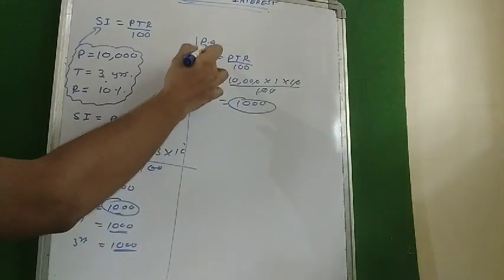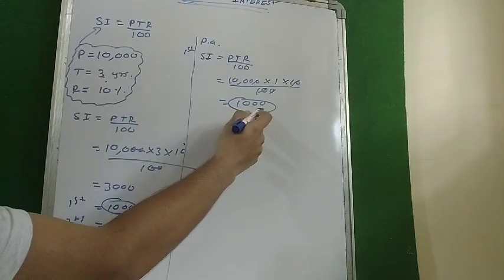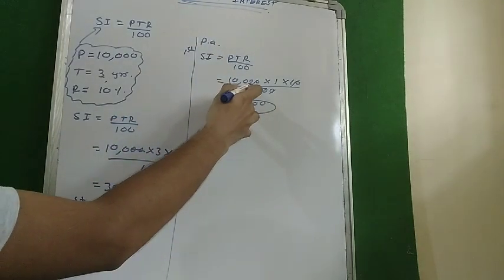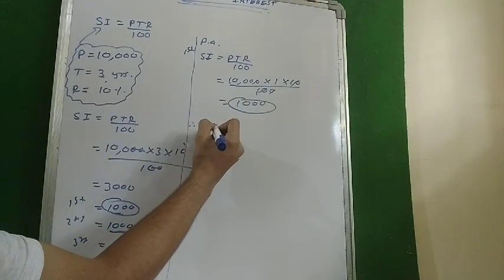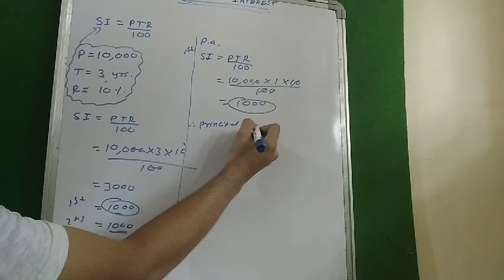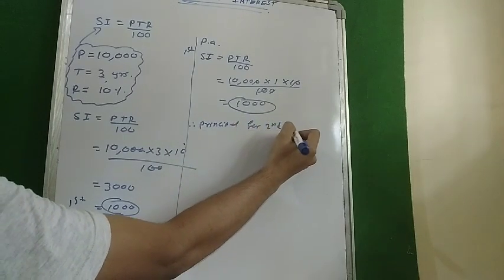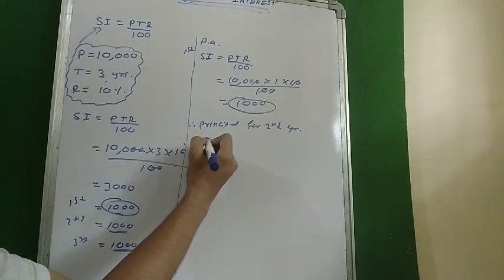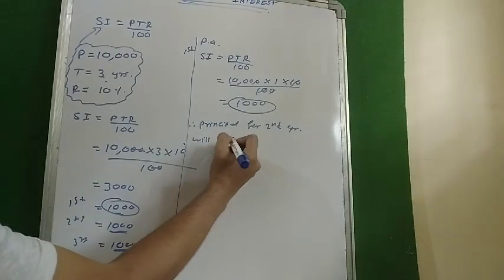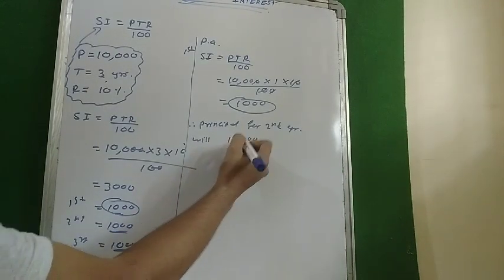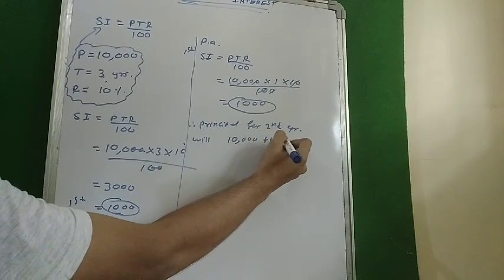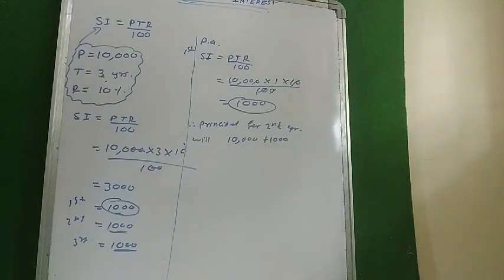But what will happen in the compound interest? If I am having 1,000 and I have invested 10,000, therefore the principal for the second year will be 10,000 which I have invested, plus 1,000, the interest which was accumulated after 1 year.